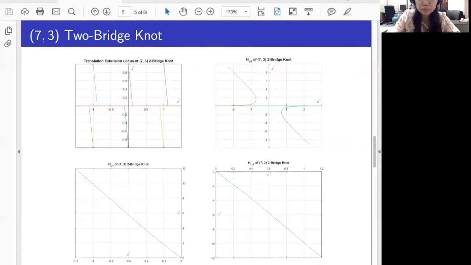If the translation number of the longitude is greater than 1 or smaller than minus 1, then there is no arc of the holonomic extension locus living in that plane. So these three pictures compose the entire holonomic extension locus of the 7_3 two-bridge knot.